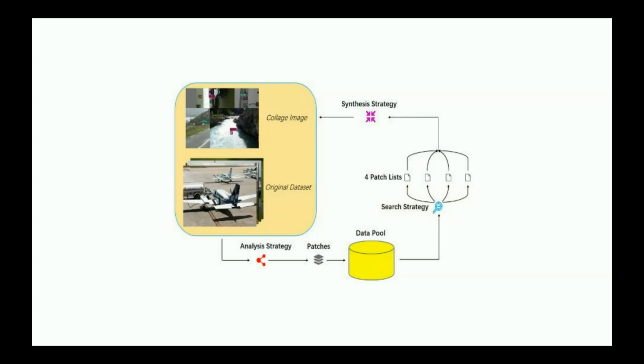Or we can make it larger, like from 0 to 64 times 64, or 0 to 96 times 96, that's the large object range. Then finally, we can synthesize the collage image with the searched patches, with limited cutting and resizing to preserve as much background as possible. The advantage of such a framework is that it has a larger degree of freedom while preserving the most possible background.